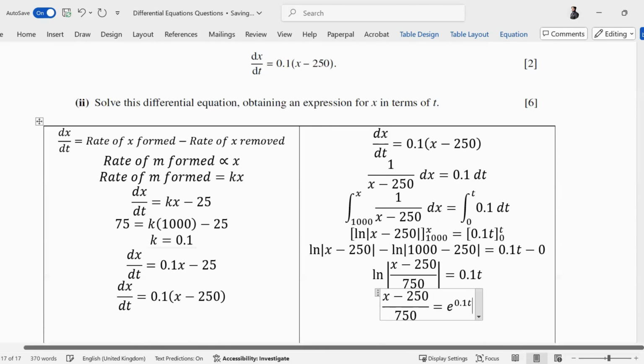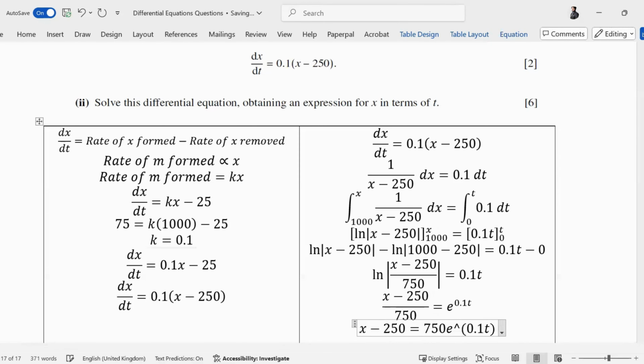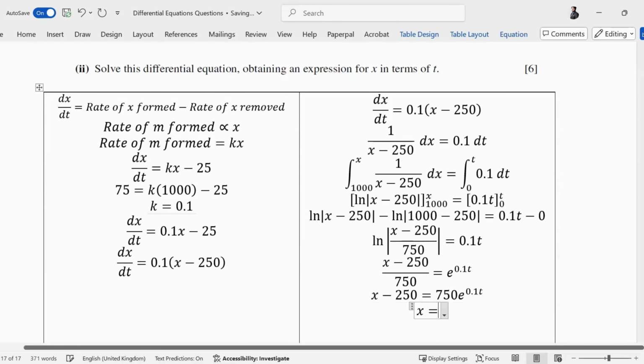I've told you can also write it as exponential. 750 goes there and multiplies, so x minus 250 is 750 e to the power 0.1 t, and x is 750 e to the power 0.1 t plus 250. So you've written x in terms of t.